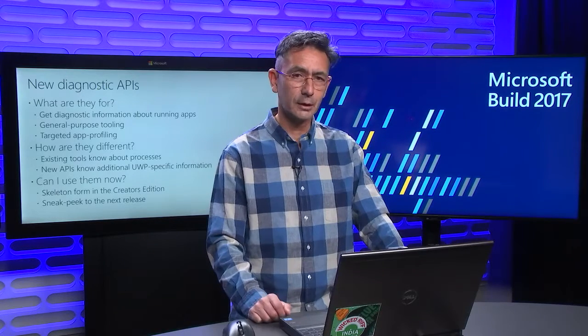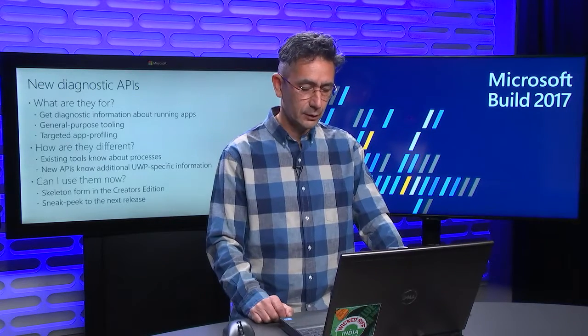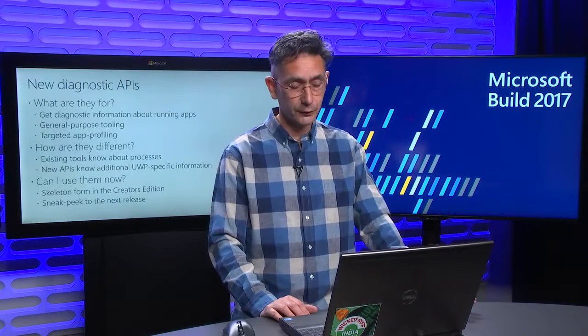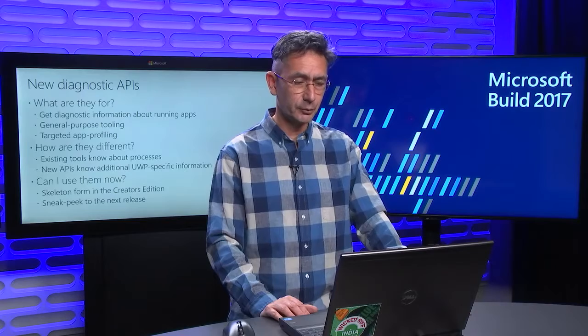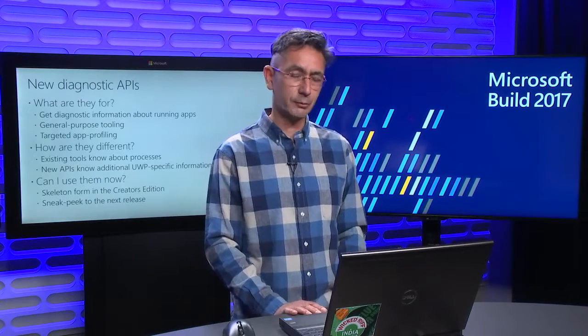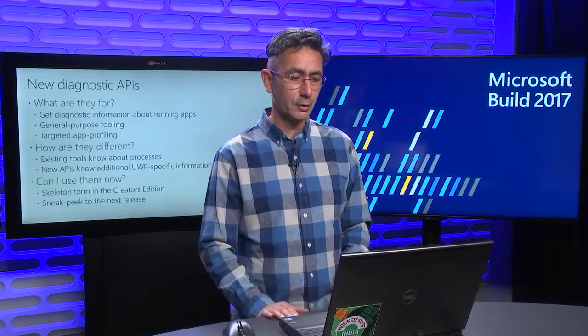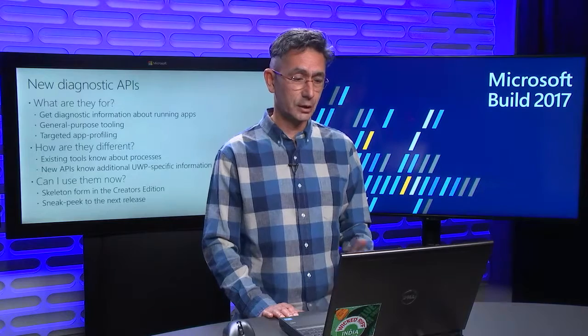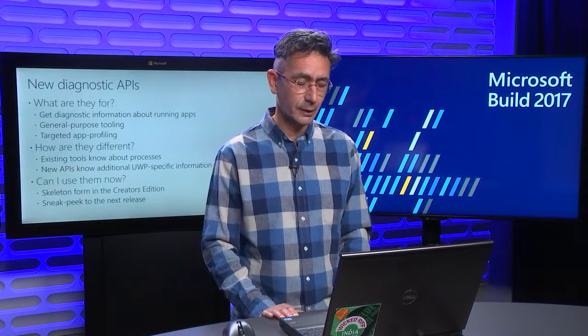And why is that? And the answer is that the VS memory profiler and Task Manager, they know about the process. They know about the process's memory, the memory that's in use attributed to that process. What they don't know about is the shared memory that the process is also using because it's being shared amongst multiple other processes.